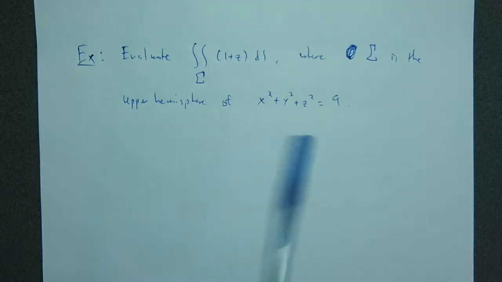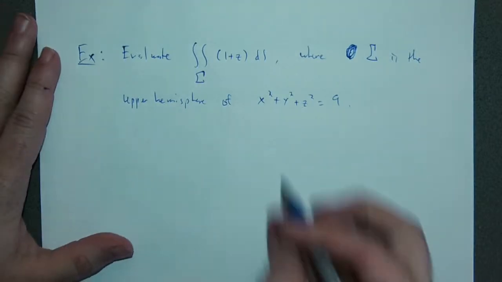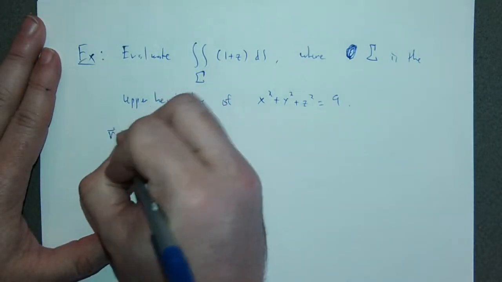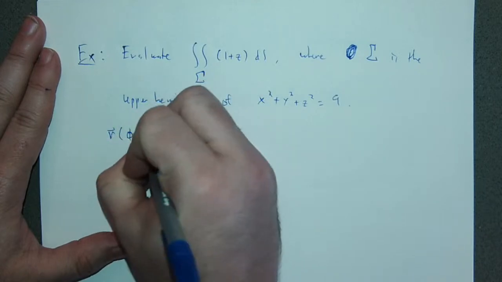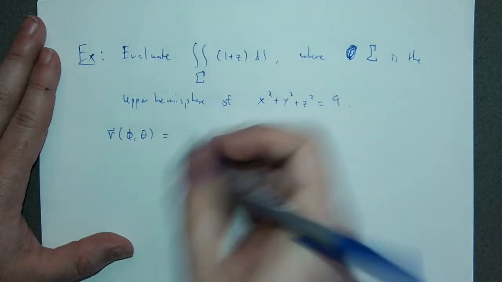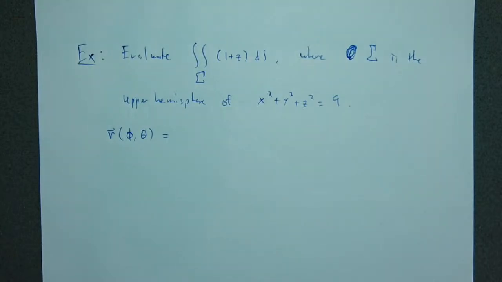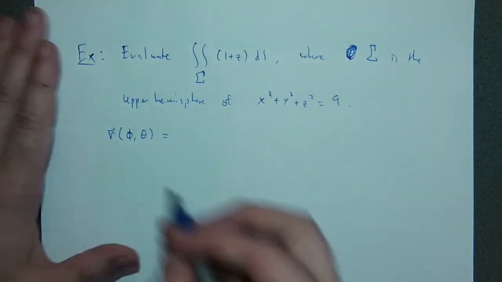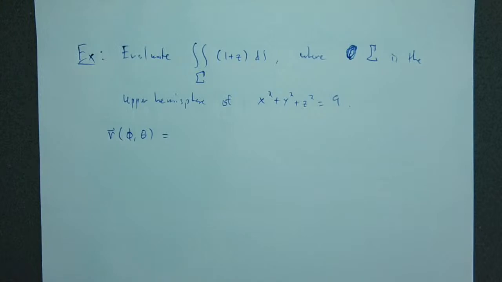Okay. So what is my parameterization? My parameterization is going to be exactly the same as before. All I'm going to change is my theta and phi windows. So what's my parameterization going to be?